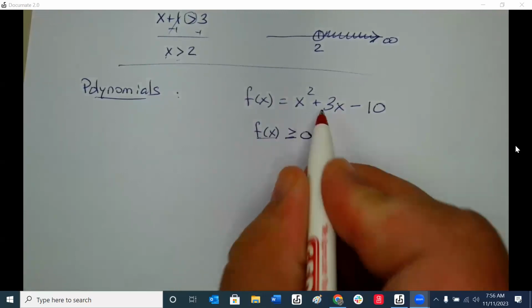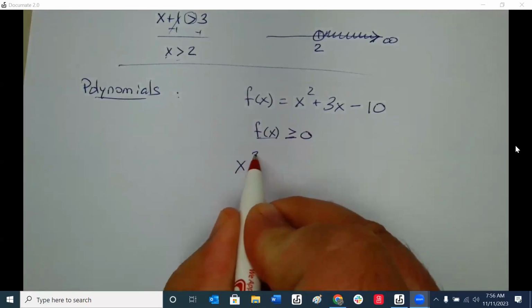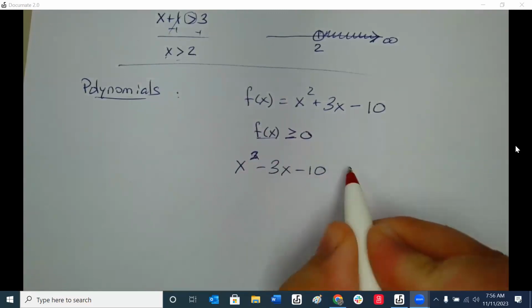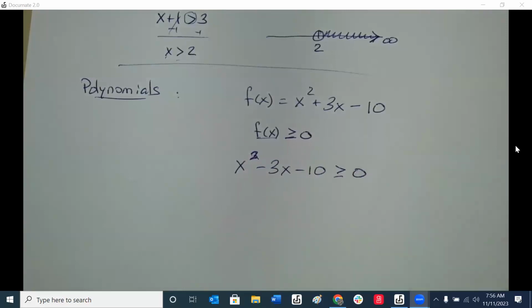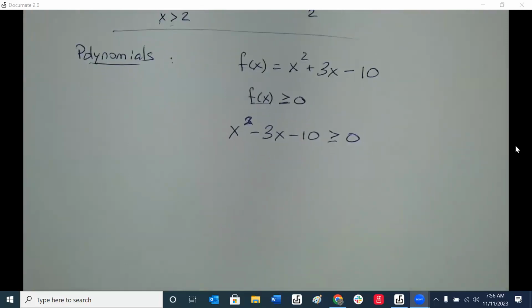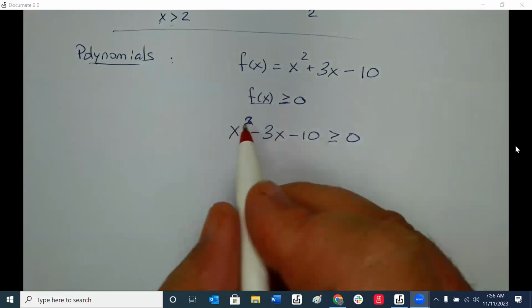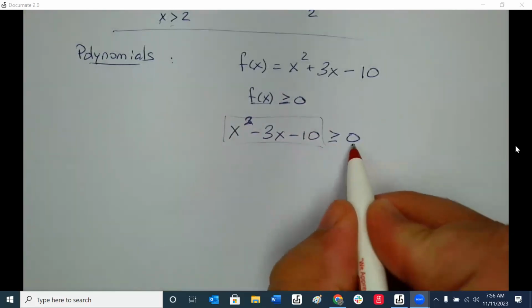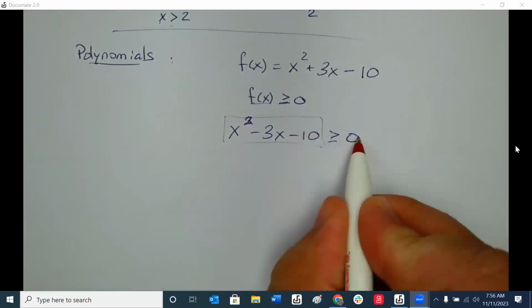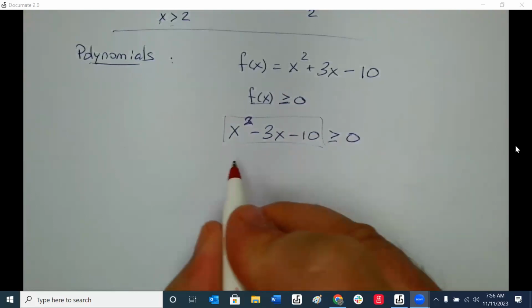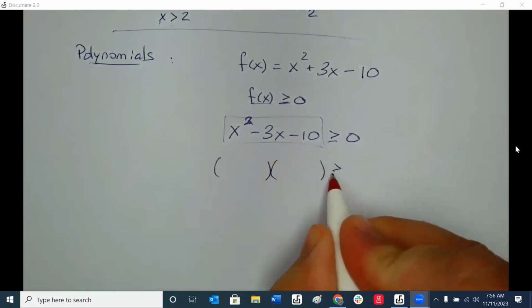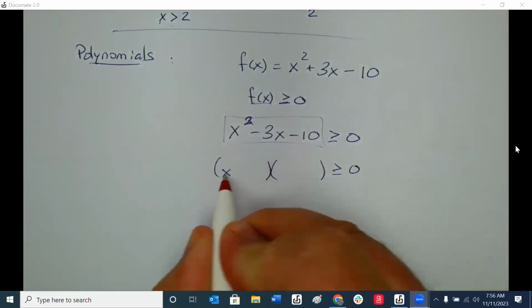So our function is x squared minus 3x minus 10. Let's go ahead and solve this one. It always has to be set equal to 0 to solve it. If we can factor it, let's factor it.